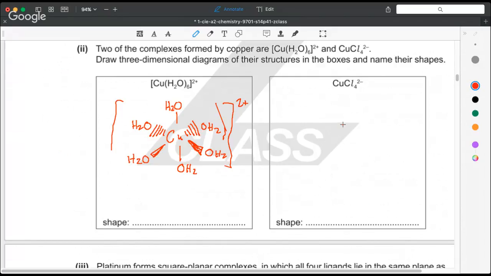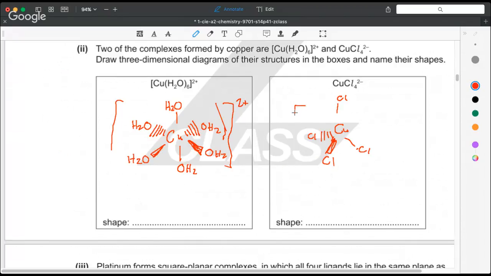And then for this one, again, you've got copper in the middle. This time it's going to be tetrahedral. So you've got chloride ion up there, chloride ion down there. You've got one going out of the back of the paper, and you've got one coming out of the front of the paper. You can probably do much better diagrams than me because you're writing on a piece of paper rather than using this pen.